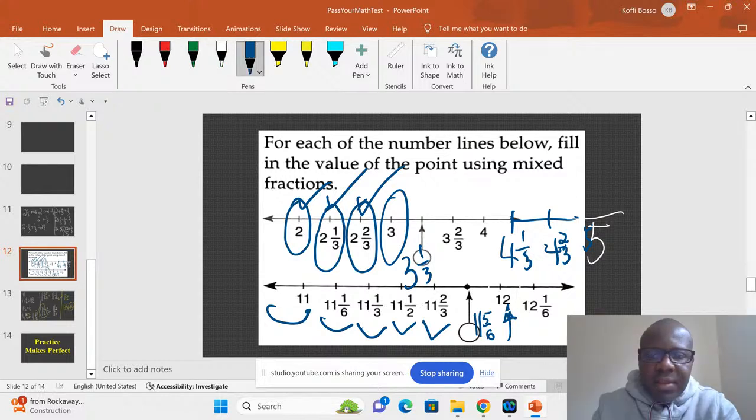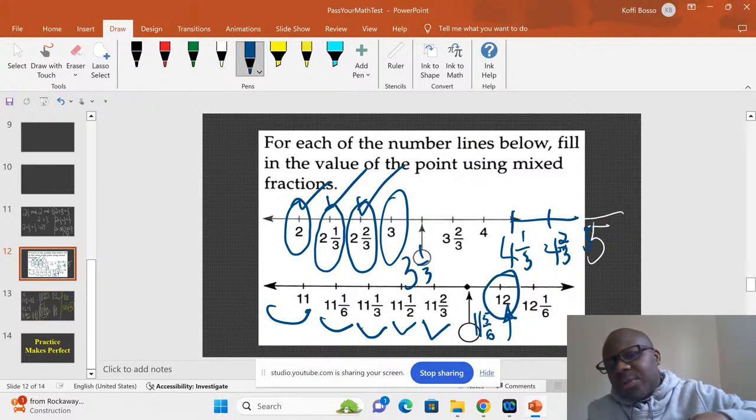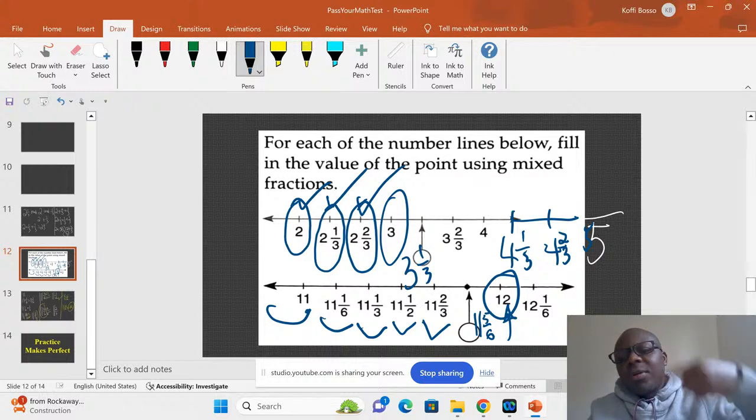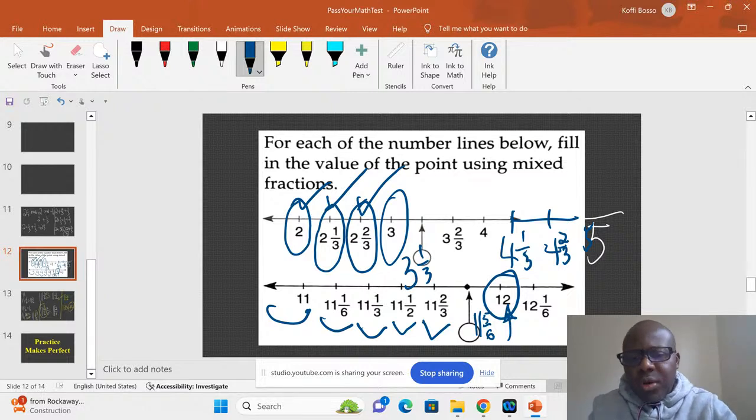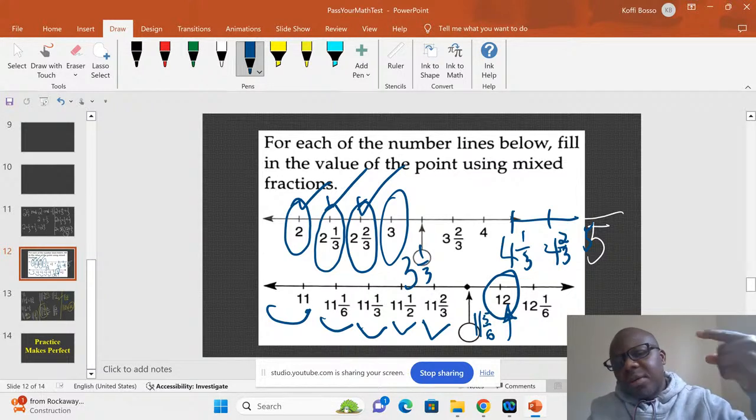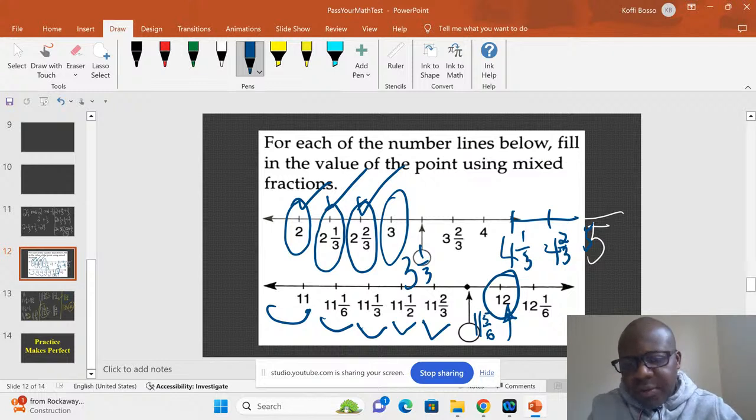And they continue the pattern to repeat. So 12 and 1/6, 12 and 2/6, which is 1/3, and so on. So 12 and 1/2, 12 and 2/3, 12 and 5/6, and so on.